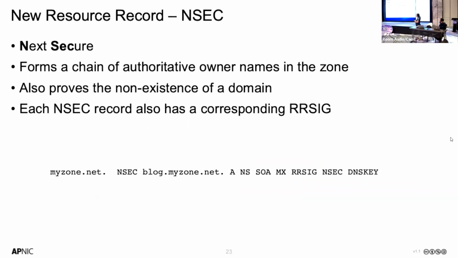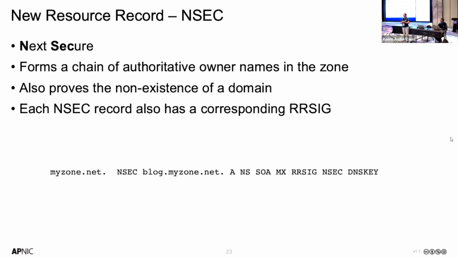The next important part is your NSEC, or NSEC secure. When you validate something, it's easy to validate if the record exists and you have the signatures for that. But what if there is no record?